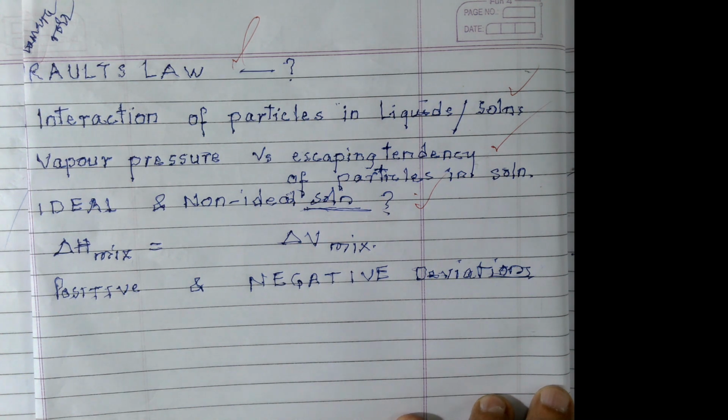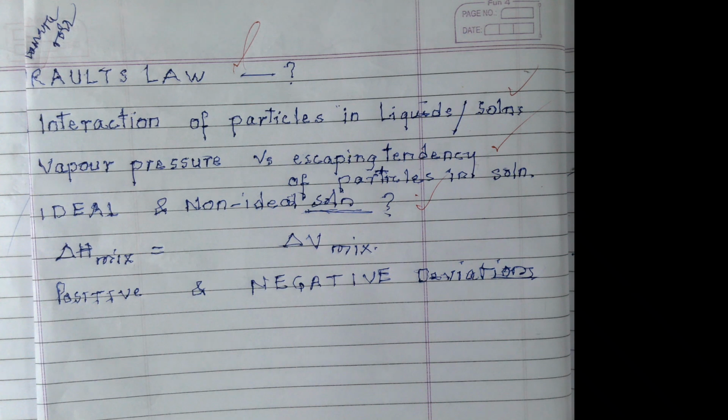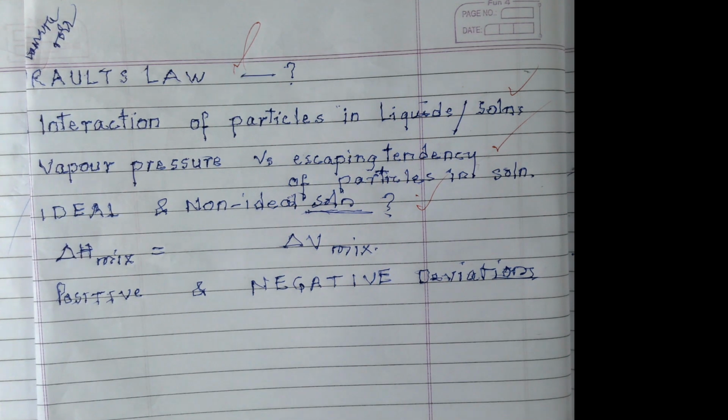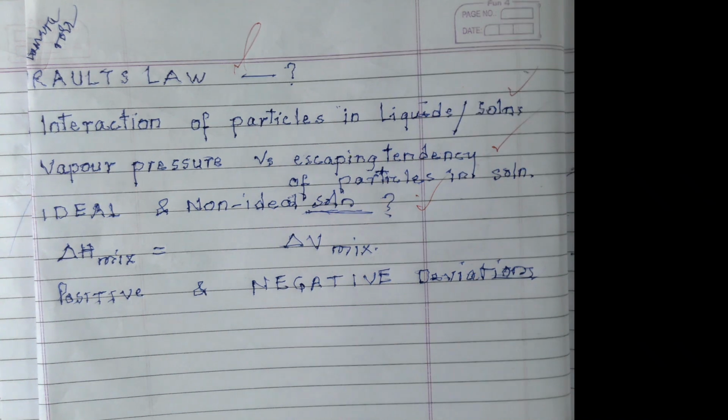And then, when we mix two solutions, what happens? Suppose there is a liquid A and a liquid B. We won't call it a solution until they are mixed together. Now, liquid A in the pure state has AA interaction.